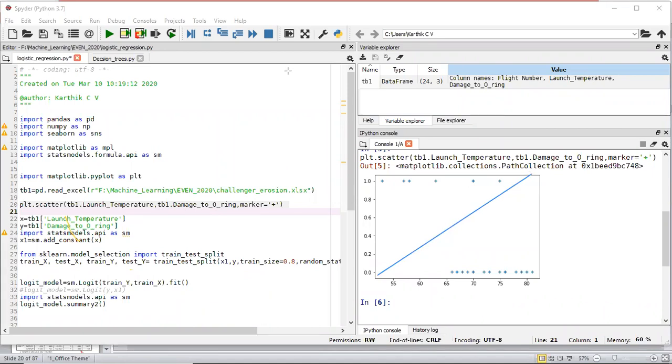So instead I'll develop a model in this pattern. We are trying to develop a logistic regression model using a logit curve. This curve is called the logit curve. So we'll use a logistic regression model.